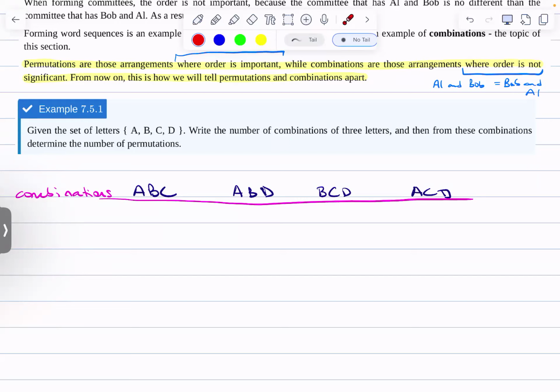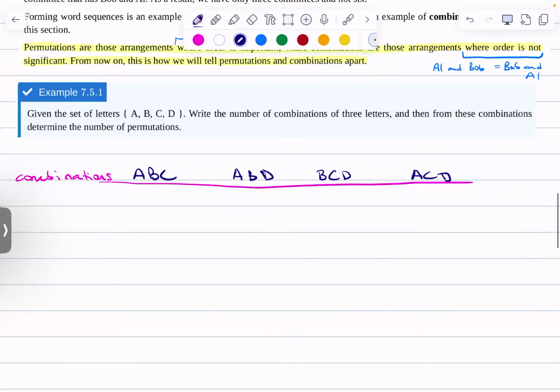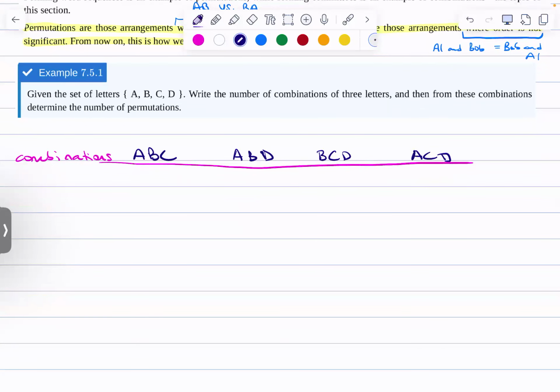And then from these combinations, we can determine the number of permutations. Then we can focus on ABC. Well, we can morph ABC and move things around, but they looped around, didn't they? Can I change something to match these? Otherwise, we're going to have to think of all these 24 things by hand, and that's hard. So I'm going to change this.